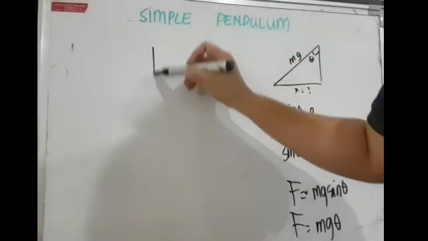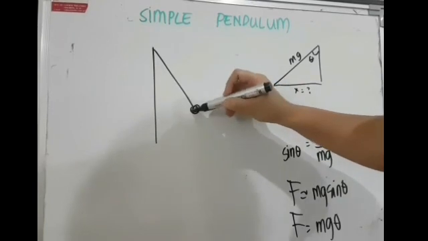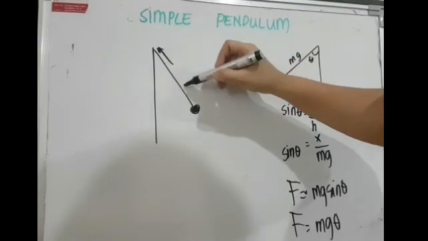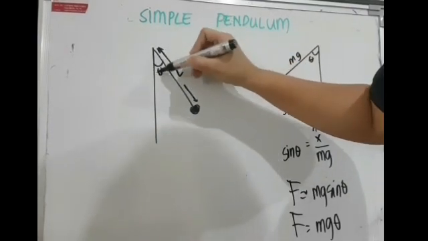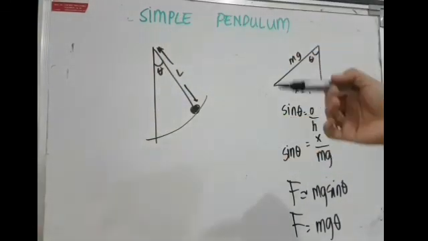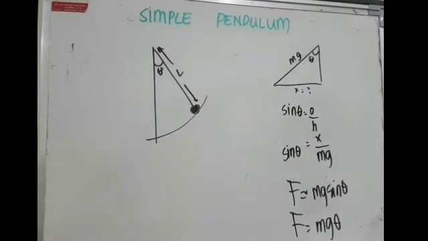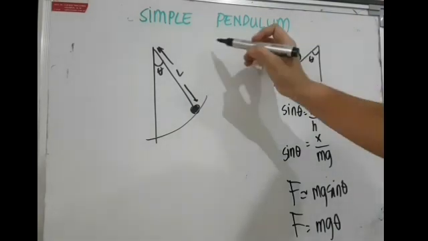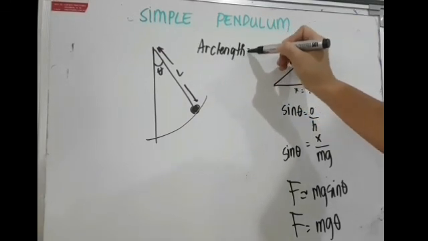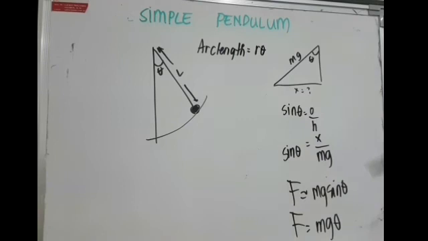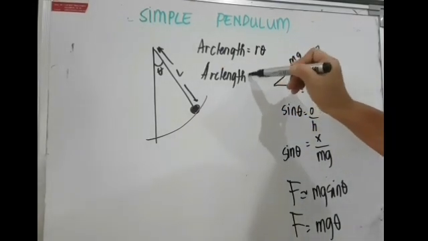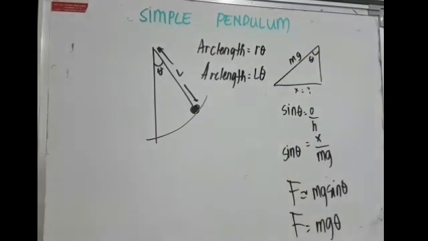Let's have another illustration. This is L. This is theta. Now the arc length. Let's also consider the arc length. Recall also that arc length is equal to R theta. So for this one, our arc length is equal to L theta.